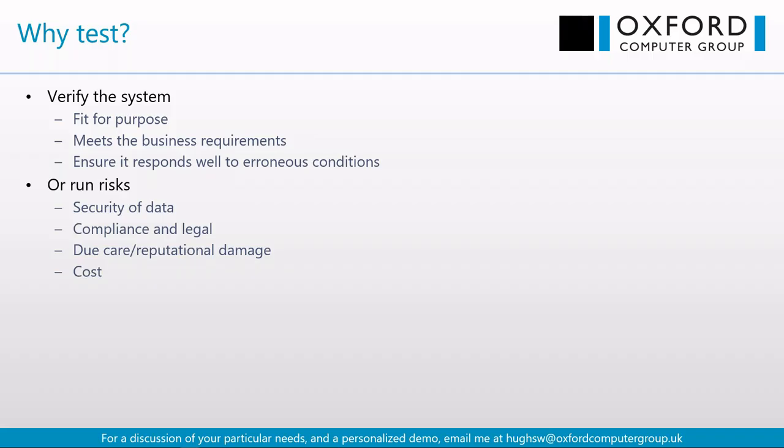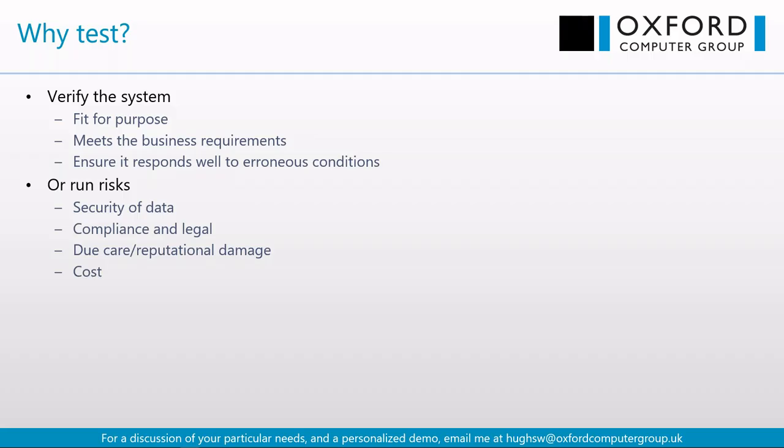And if we don't do this proper formal testing, we are running all sorts of risks. Security risks, first of all. We can run into privacy issues by giving people the wrong access to data. We can lose data. We can expose ourselves to fraud. There may be compliance and legal frameworks that we must abide by, so we want to ensure that we're conforming to those.